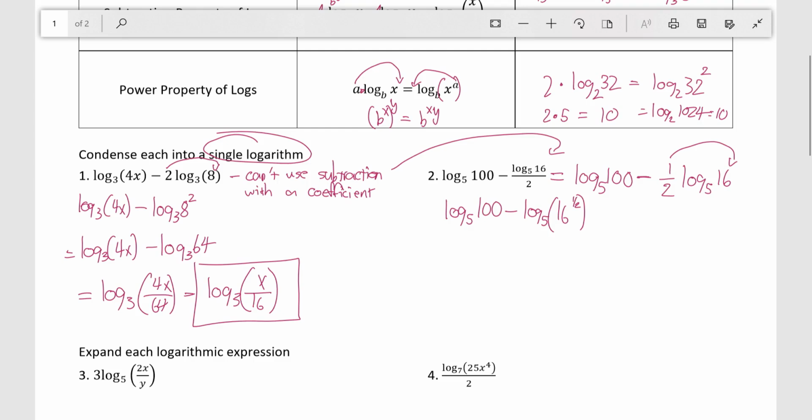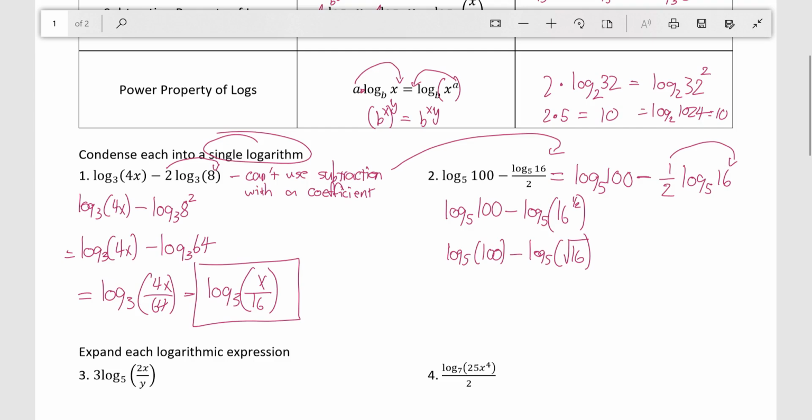Okay, quick quiz time. What is the same as 16 to the 1/2? If you said square root of 16, you're right. So it's log base 5 of 100 minus log base 5 of square root 16.